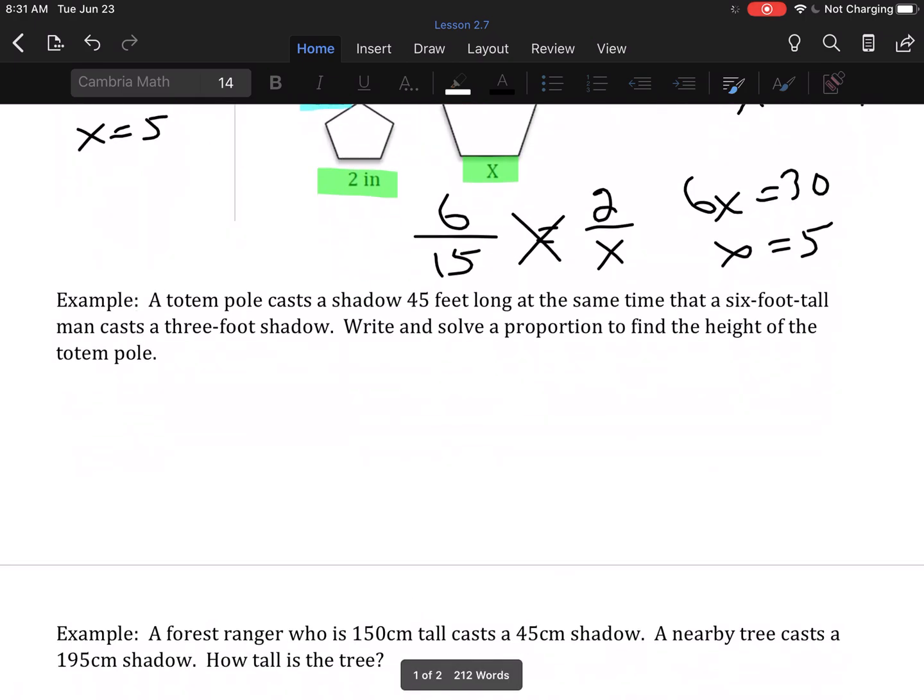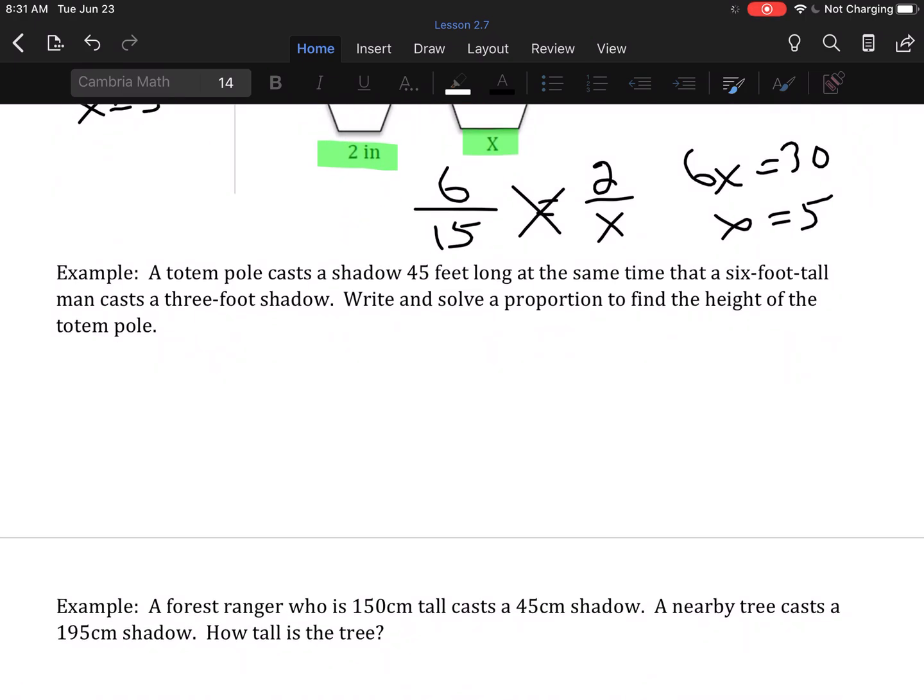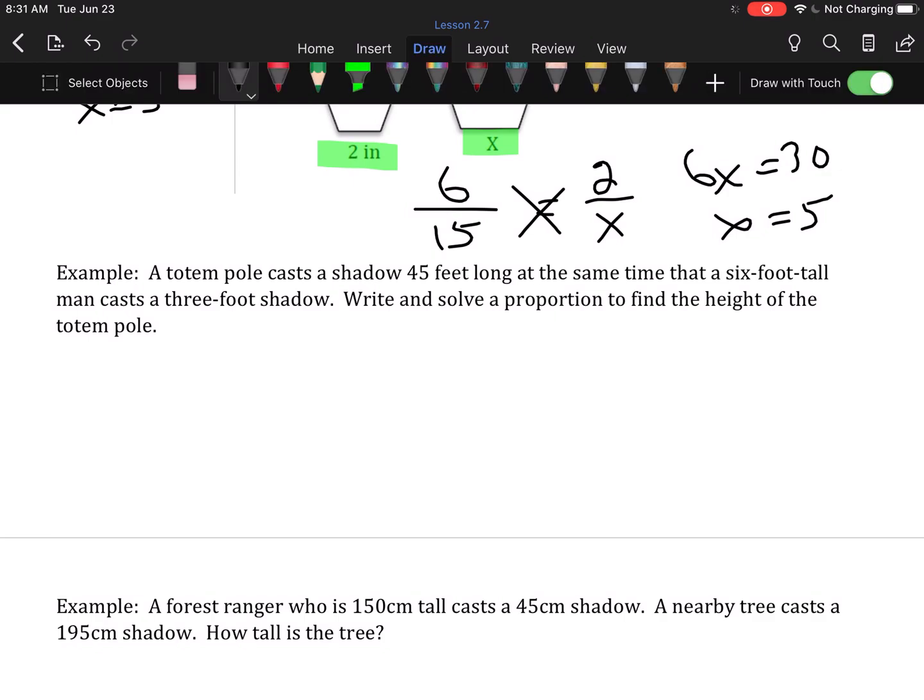Now we're going to do some indirect measurement. A totem pole casts a shadow. The shadow is 45 feet. At the same time, a 6-foot tall person casts a 3-foot long shadow.